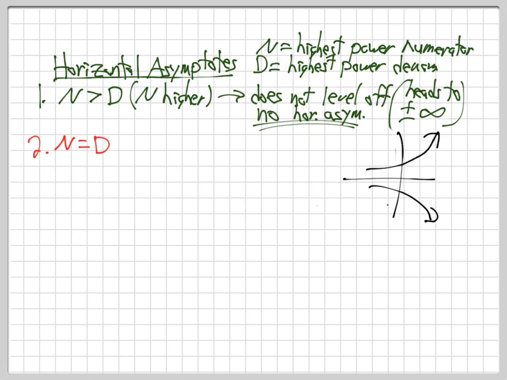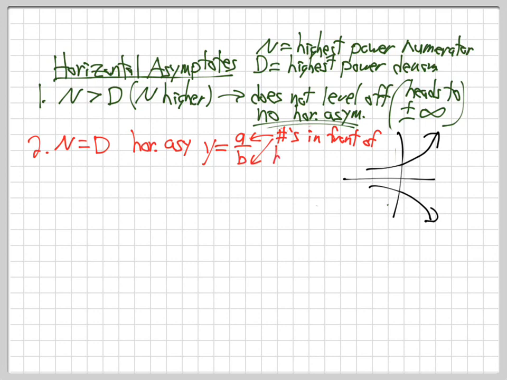The horizontal asymptote is y equals a over b, where a and b are the numbers in front of the highest power terms.